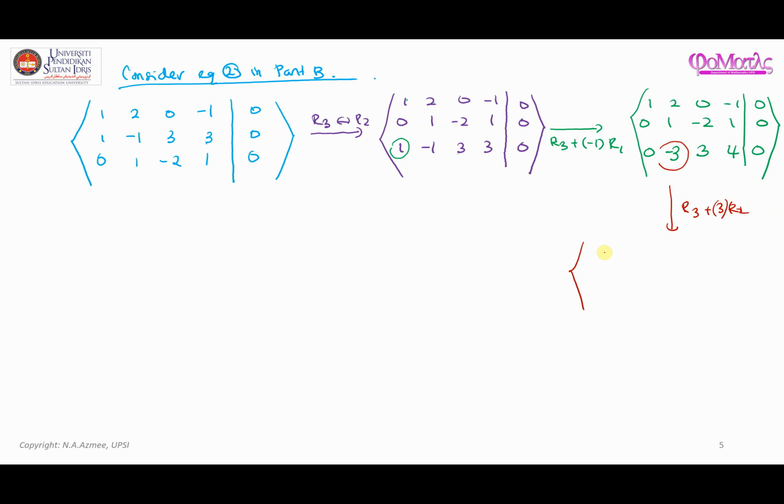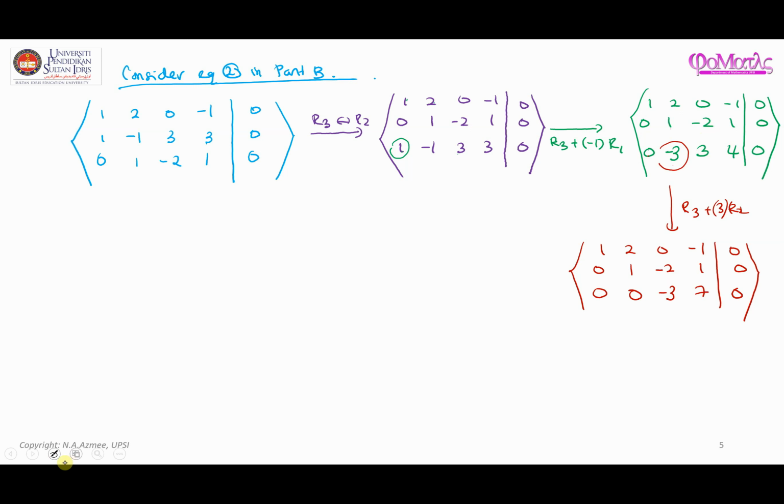So the result is 1 2 0 negative 1 0, 0 1 negative 2 1 0. So 0 plus 0 is 0. Negative 3 plus 3 is 0. 3 minus 6 is negative 3. 4 plus 3 is 7. This is 0.